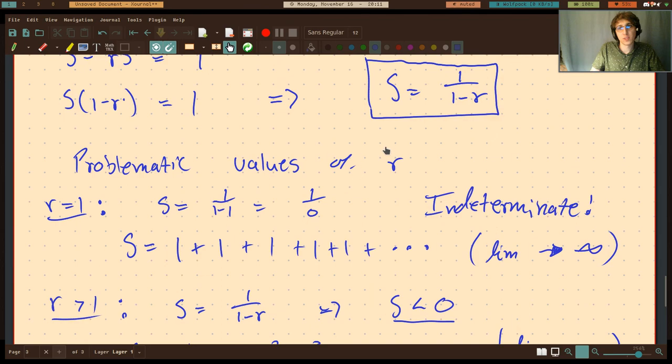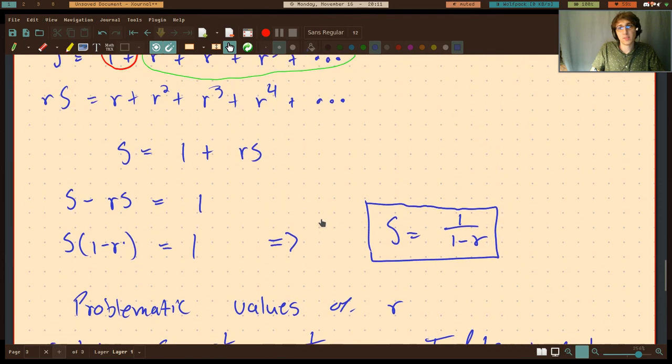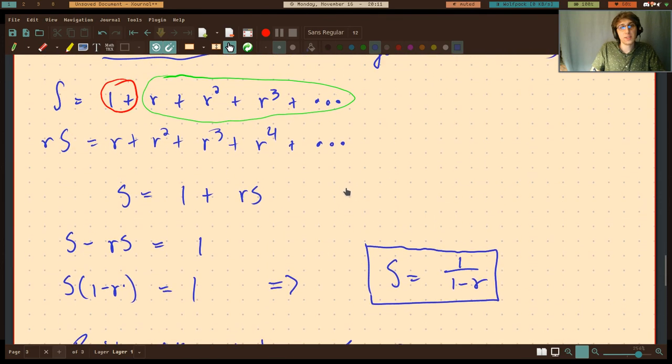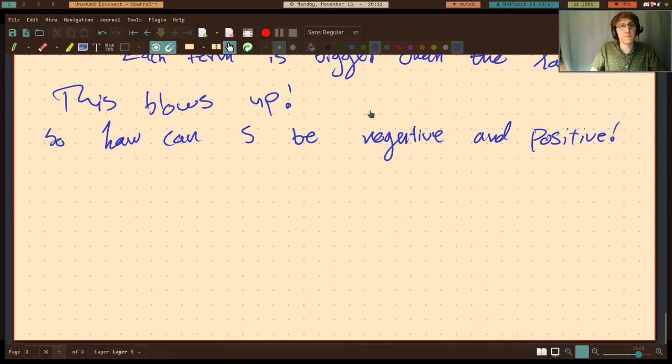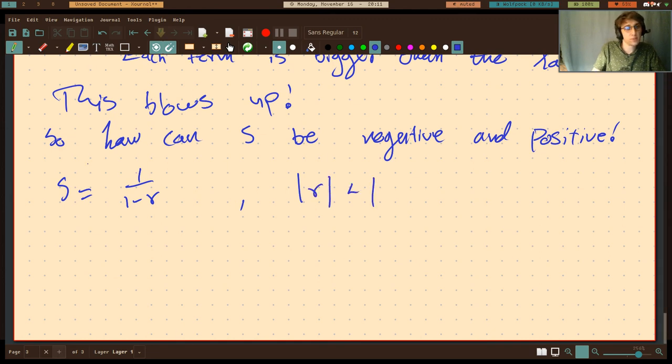In other words, our ratio has to be less than 1, and intuitively that makes sense. Every term has to be smaller than the last, otherwise it's never going to converge to anything. So S equals 1 over 1 minus r assumes that the absolute value of r is less than 1.